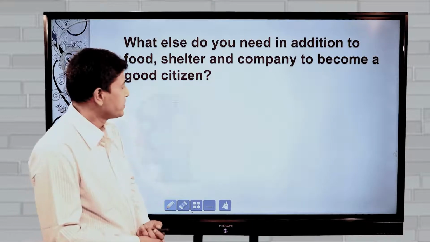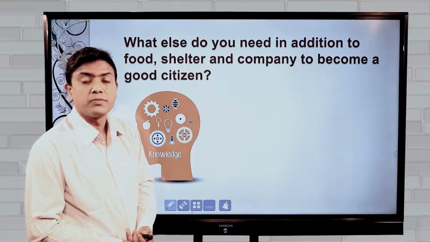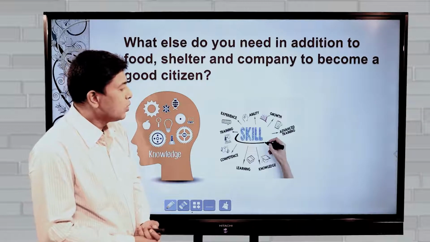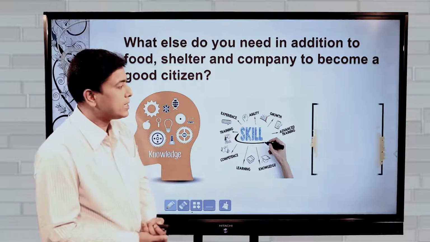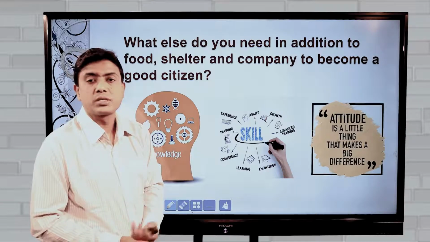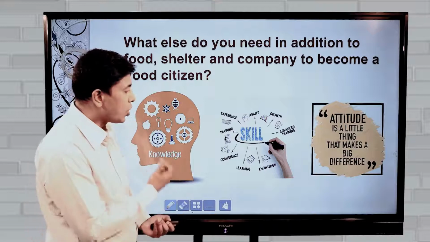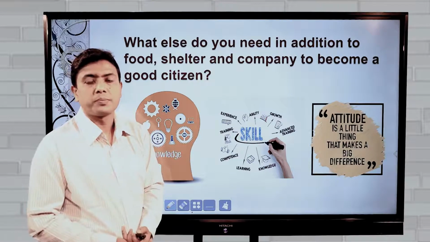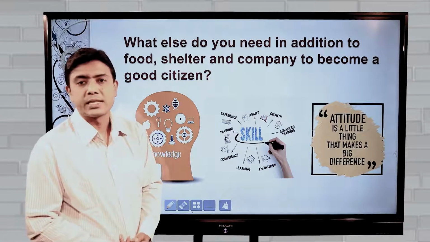Have a look. You need knowledge. Very important quality, very important virtue. You also need some skills, some life skills. And lastly, you have to have a positive attitude towards everything, towards things of your life. So, knowledge, skills, and attitudes are very important parts of our life in order to become a good citizen.